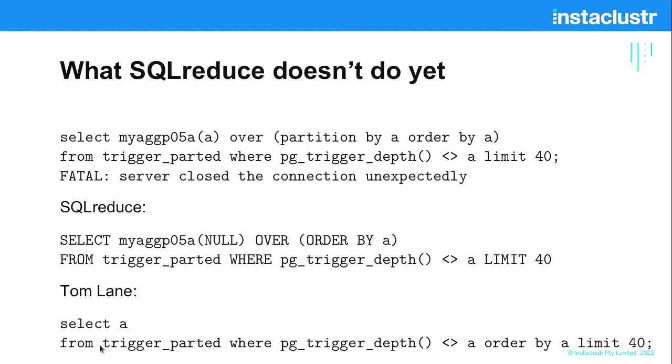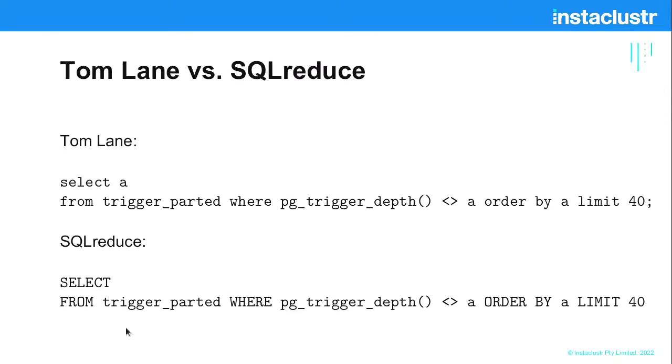Does anyone see where it is? It's quite simple. We can remove the A. So when running SQLreduce on that one, it still beats Tom Lane.